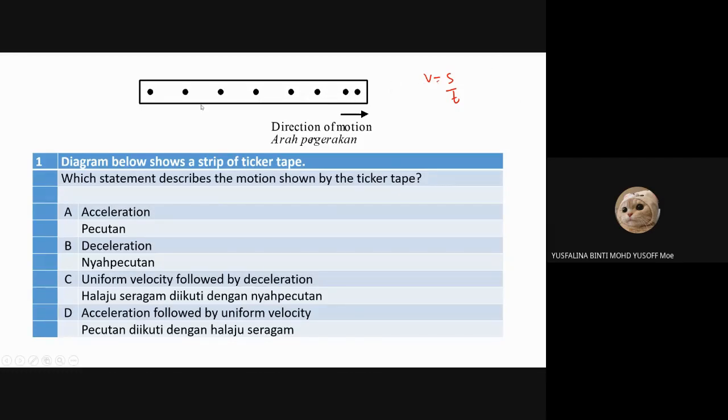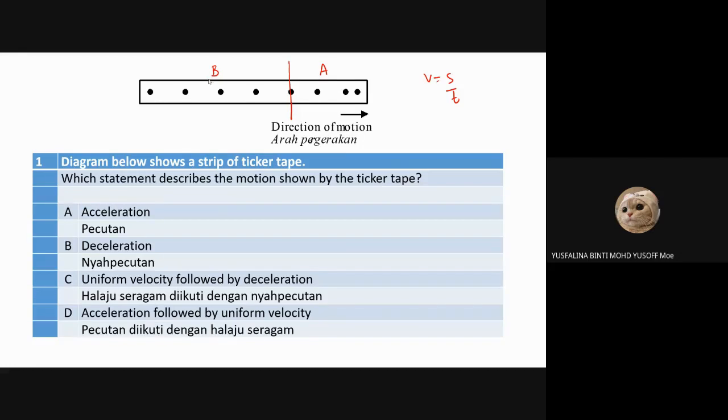For this part, the displacement at first is increasing, and then it becomes uniform until here. So let's say this is A and this is B. Try to answer this one.